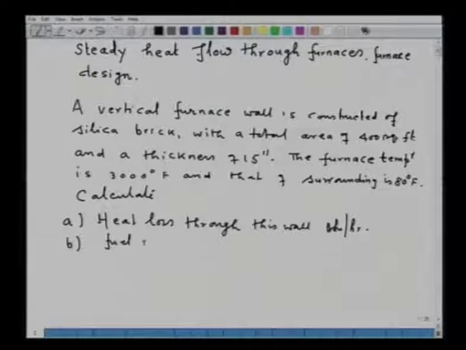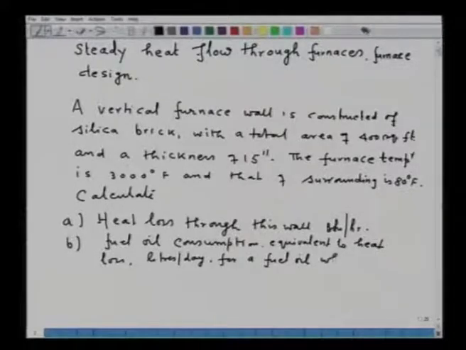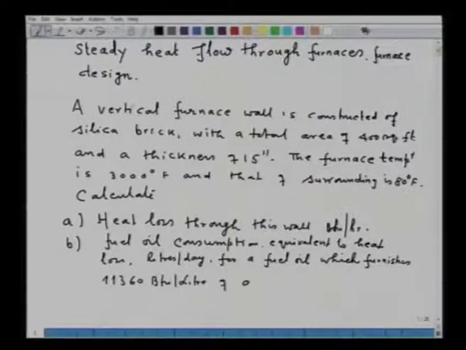B, calculate fuel oil consumption equivalent to heat loss, say in liters per day, for a fuel oil which furnishes 11,360 British thermal unit per liter of available heat to the furnace.